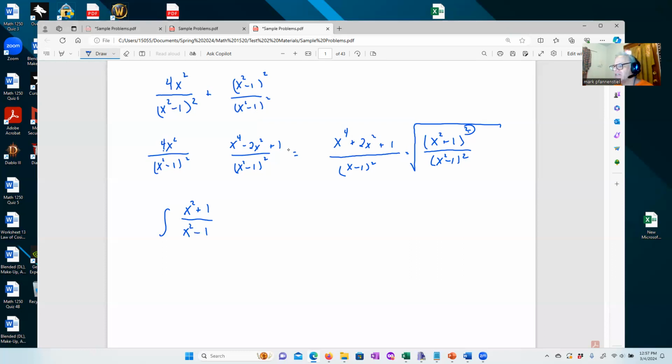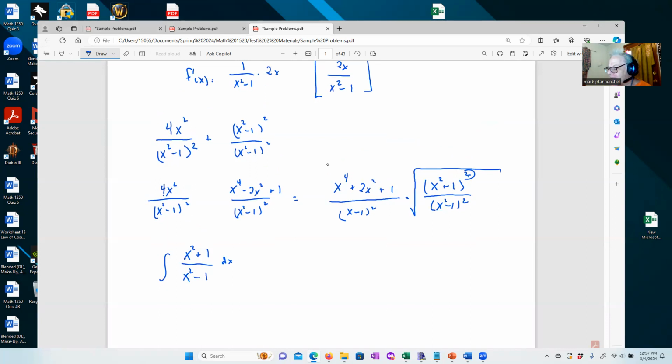And this suggests that we should be dealing with some partial fractions. Now, normally we'd have to divide. I'm going to take a little bit of a shortcut here. Instead of dividing, I'm going to rearrange this: x squared plus 1 is x squared minus 1, plus 1 plus 1, divided by x squared minus 1.